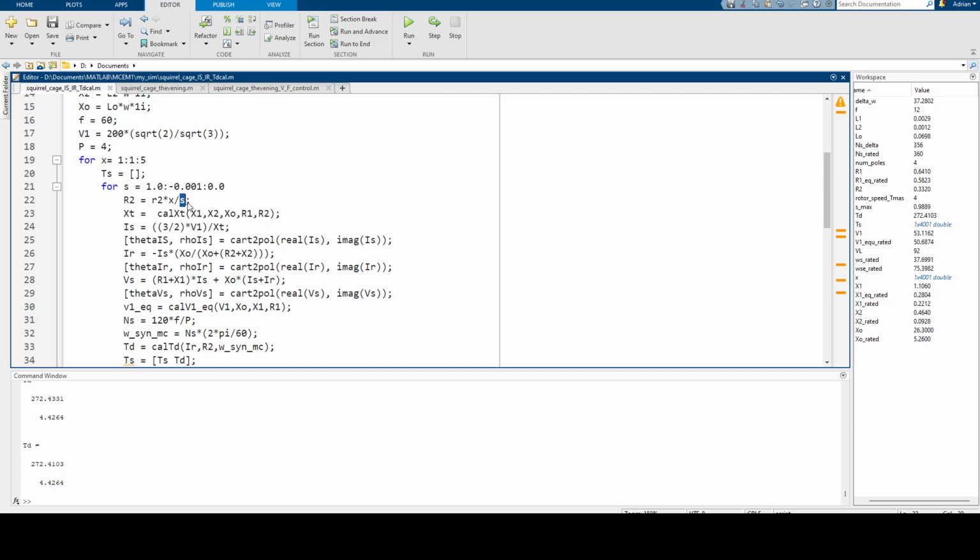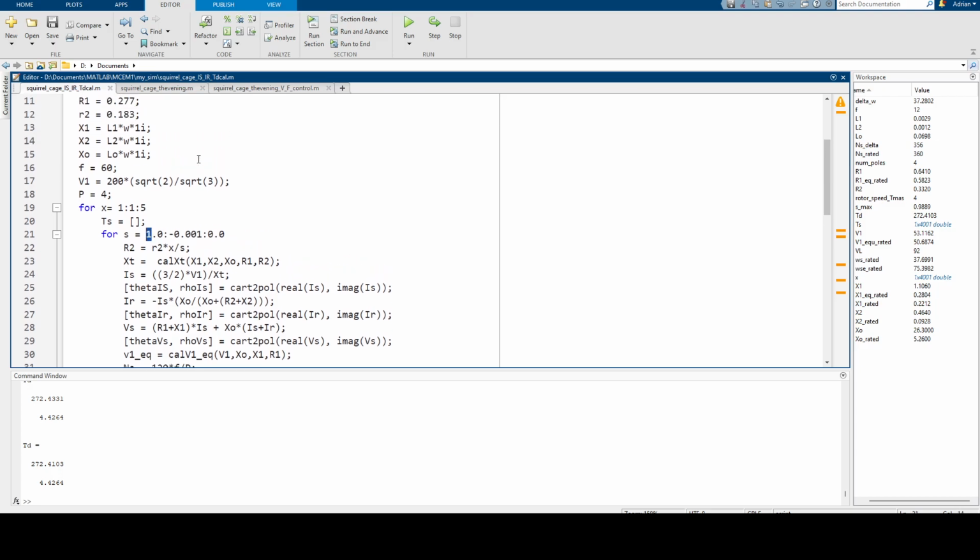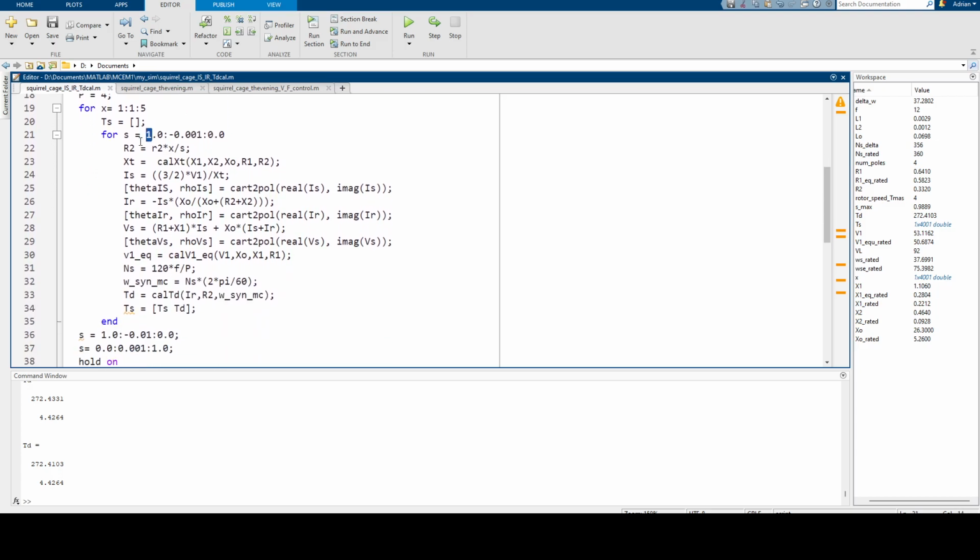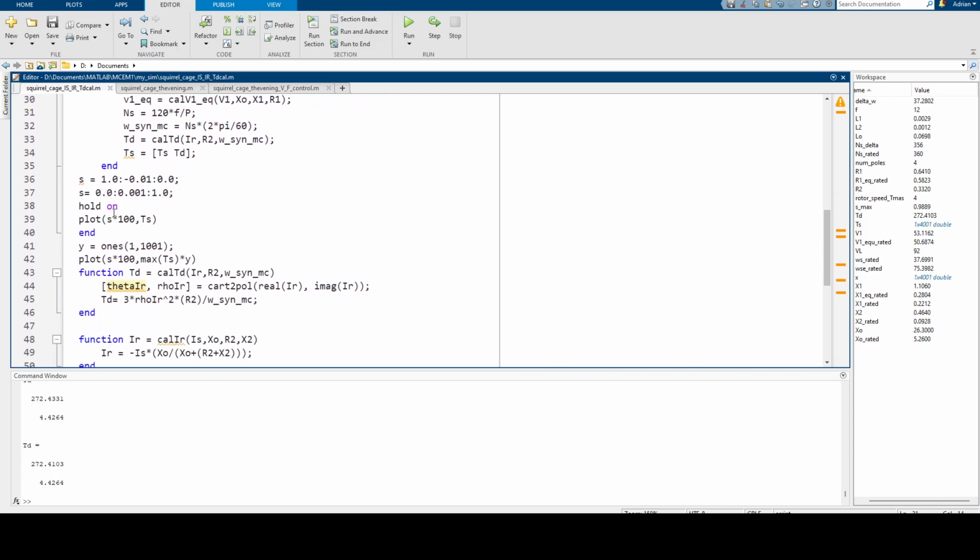And for our slip, I'm going down from 1 to 0. So for a slip of 1 to a slip of 0, that's what I'm doing. Then I'm just plotting these values.